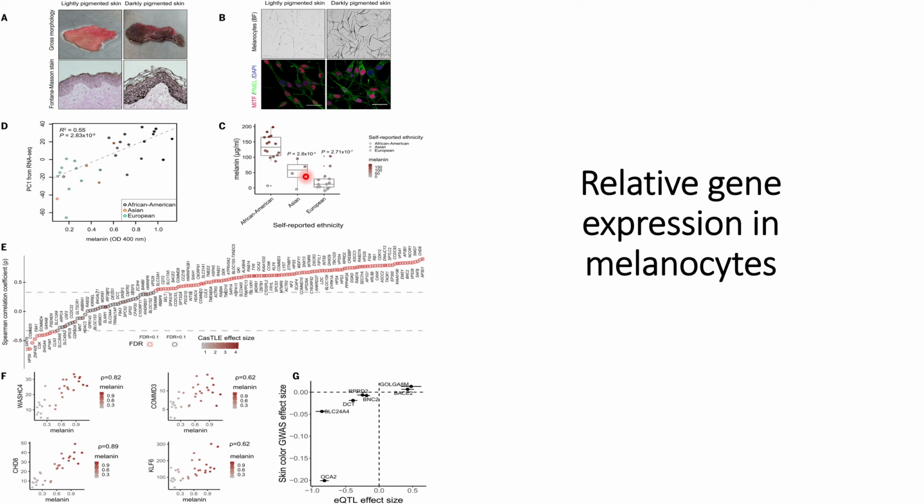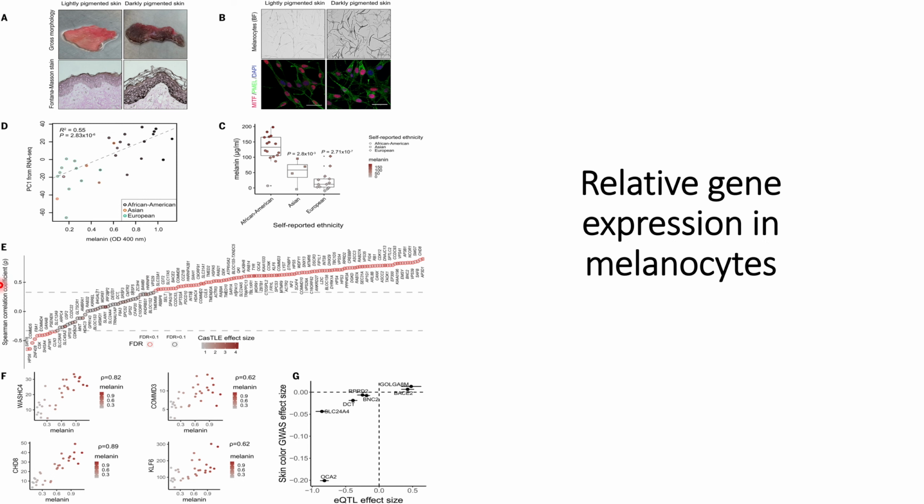However, the relative expression of melanin is low in the case of Asian and European compared to the African American. So far all the results look like they align with their hypothesis that there could be differential expression of genes of the melanocytes in darkly pigmented people and lightly pigmented people.